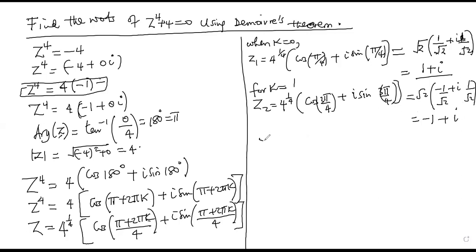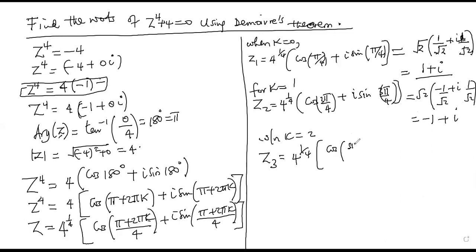When k is 2, we get Z3. So Z3 is 4 power quarter into cos, now this one we have 4 pi plus pi, that is 5 pi.